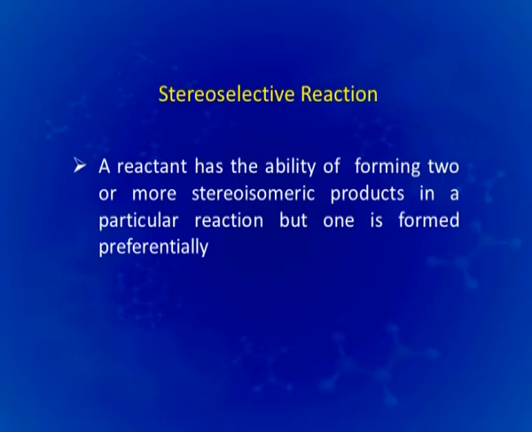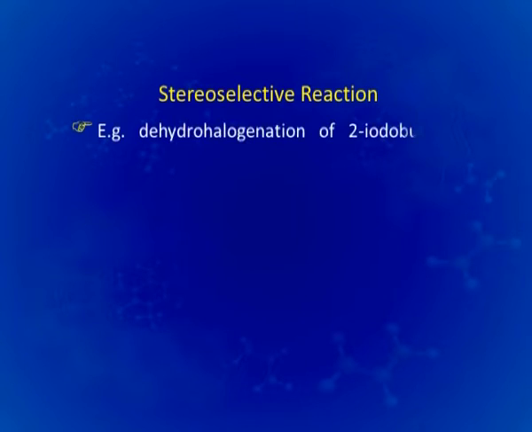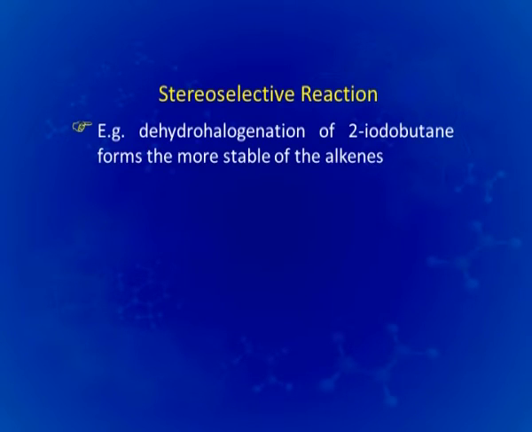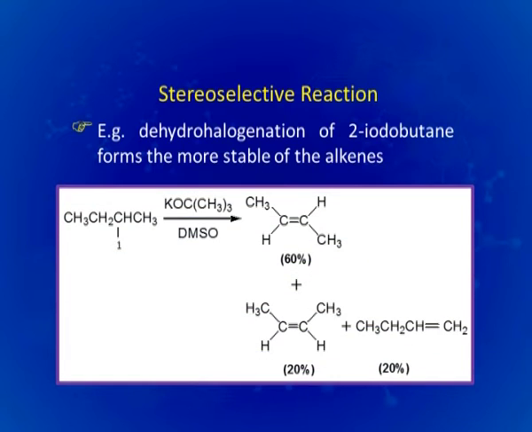So, here we have an example of 2-iodoalkane, which gives rise to, on elimination, different alkenes. As we can see here, the maximum percent of the alkene is the one which is obtained in its trans isomeric form.